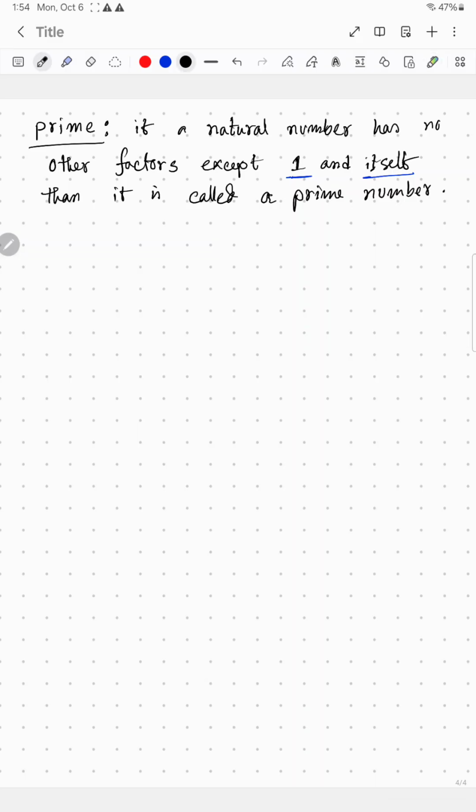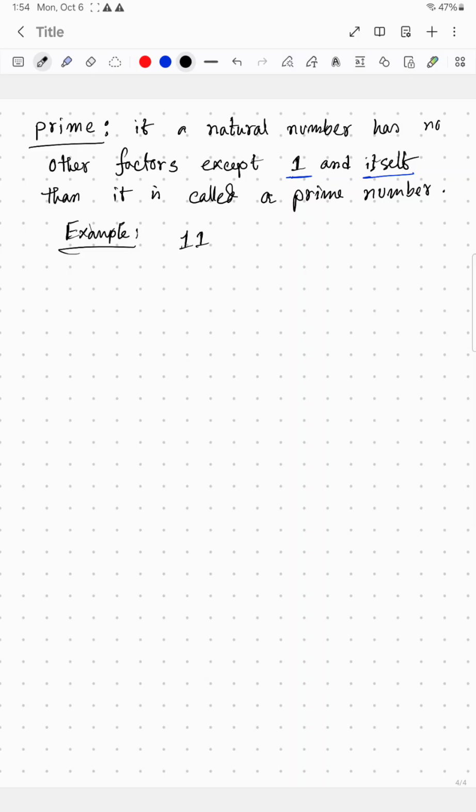Can you give me an example of prime numbers? Yes, we can. Like 11. See, there is no number that can divide 11. Like pick any number, 1, 2, 3, 4, right? No, there is no number that divides 11, so we call it a prime number.